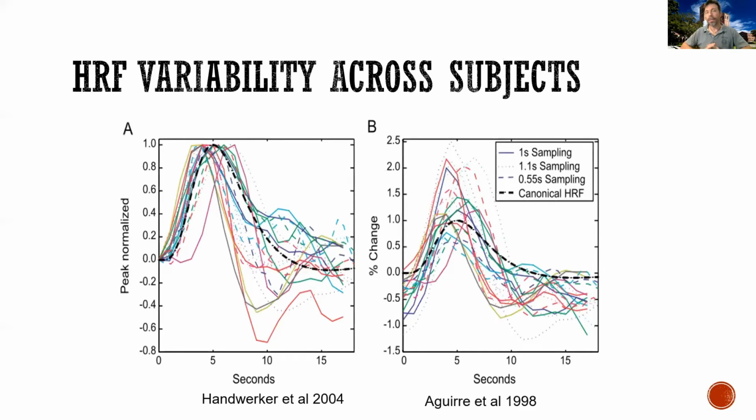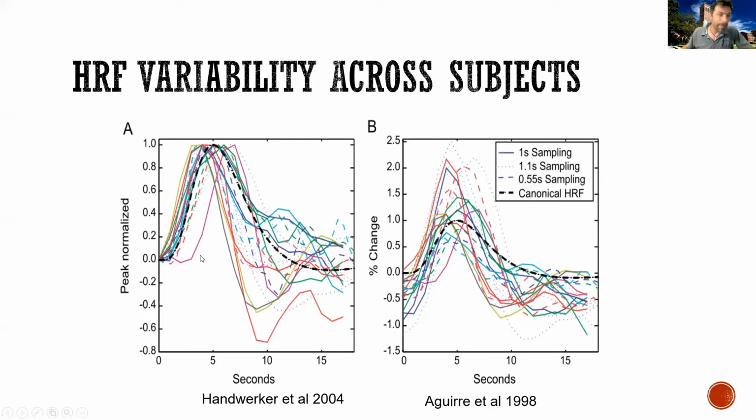Now, is the canonical HRF a good approximation of the actual hemodynamic responses in participants? Not exactly. In fact, there's a lot of published data to show that individuals vary significantly in their hemodynamic response function, or rather in the shape of their hemodynamic response function.